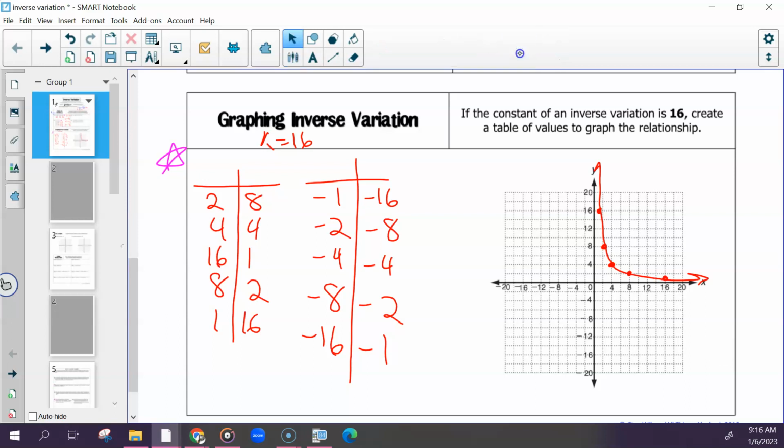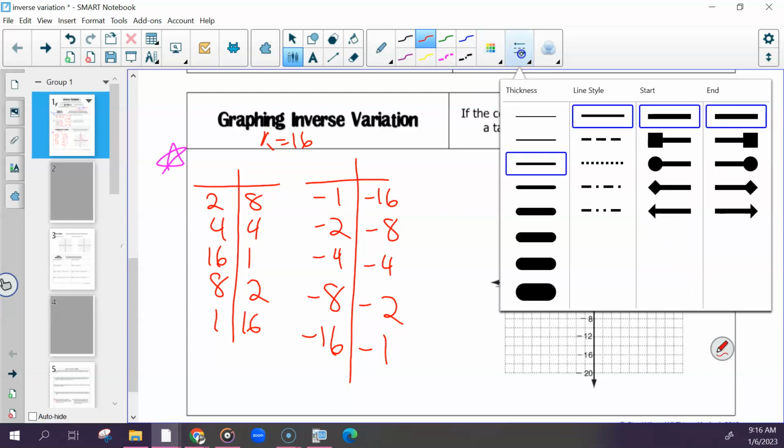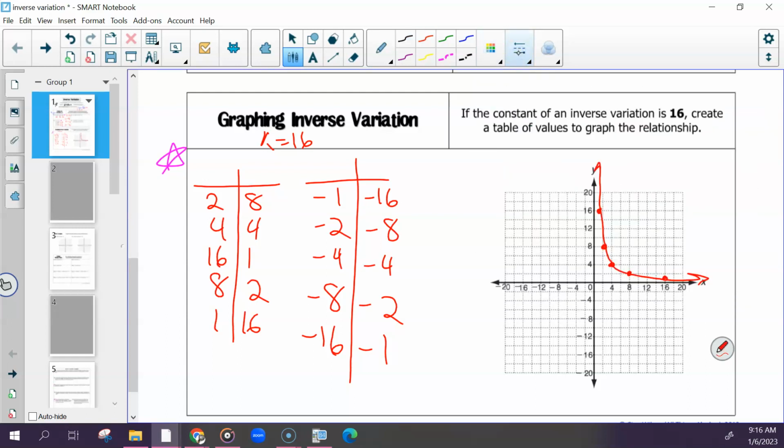Negative 1, negative 16. Negative 2, negative 8. Negative 4, negative 4. Negative 8, negative 2. And negative 16, negative 1. So it makes that same curve, but flipped.